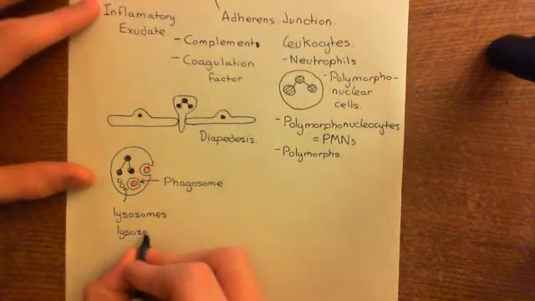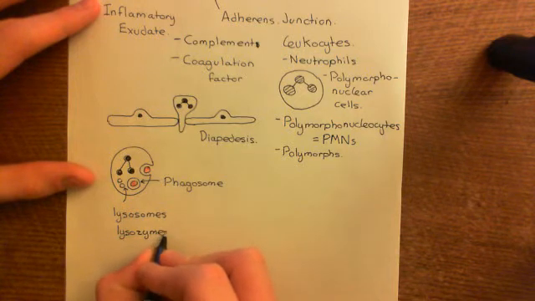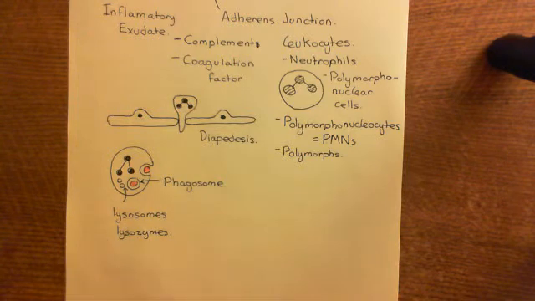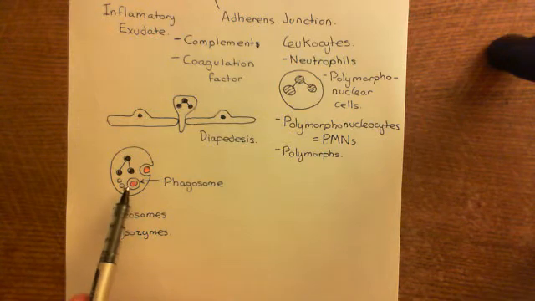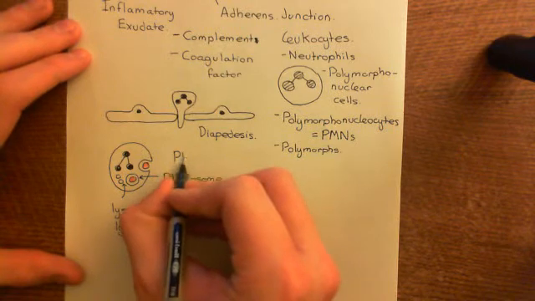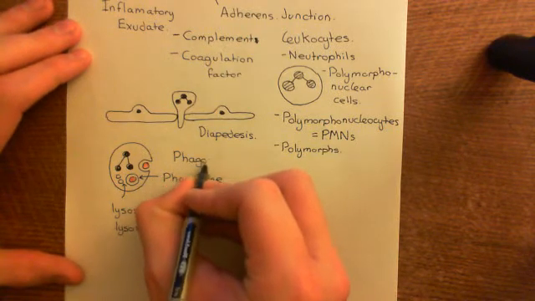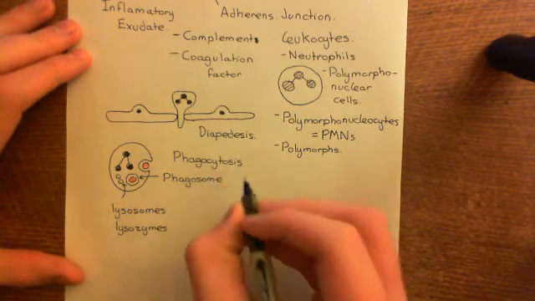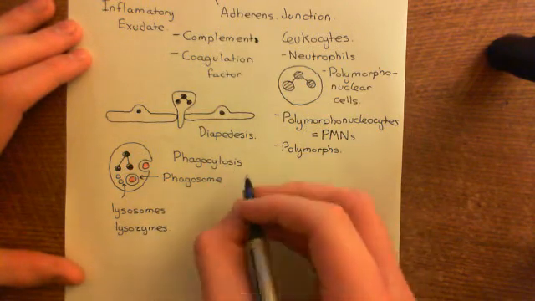Basically these lysosomes will move towards the phagosome, fuse with the phagosome and release their lysozymes into the phagosome, and then the lysozymes will break down the pathogen. This process of engulfing a pathogen and then breaking it down is known as phagocytosis. And neutrophils are an example of a phagocyte.